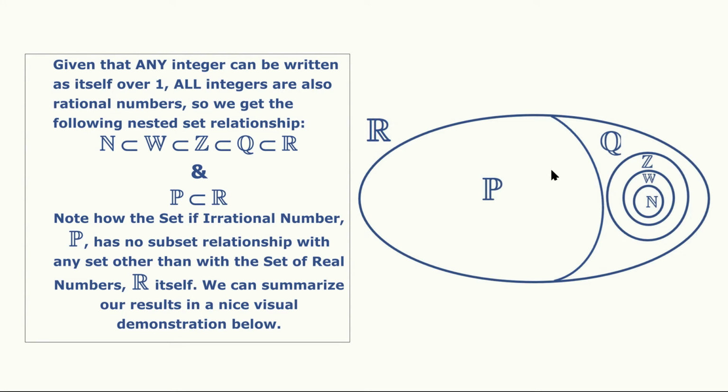Well, even though both of these parts of the set of real numbers are infinite, meaning they have infinitely many elements, the infinity associated with the set of irrational numbers is actually of a higher level than the infinity associated with the set of rational numbers. So therefore we can safely say that there are more irrational numbers than there are rational numbers.